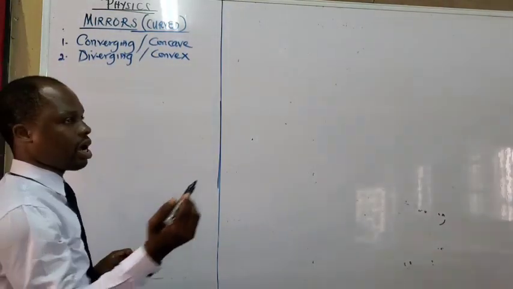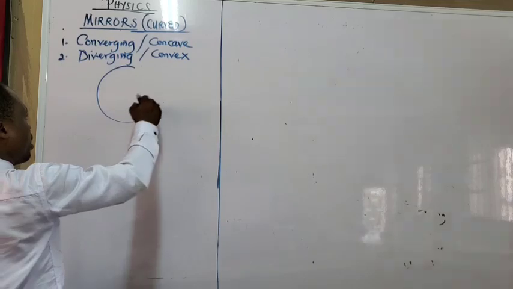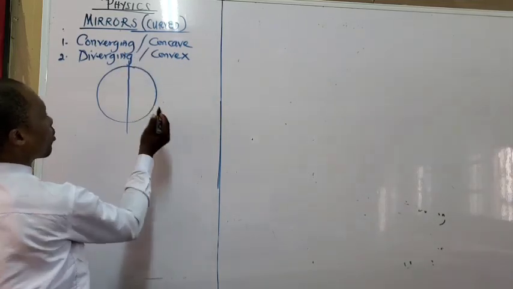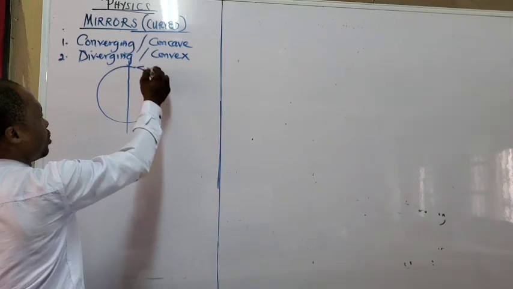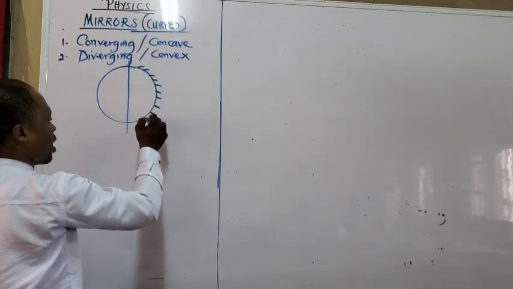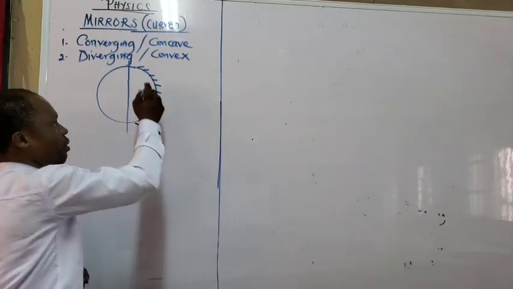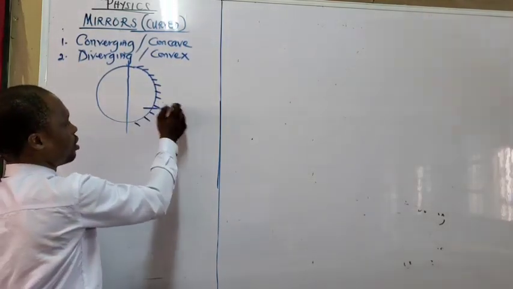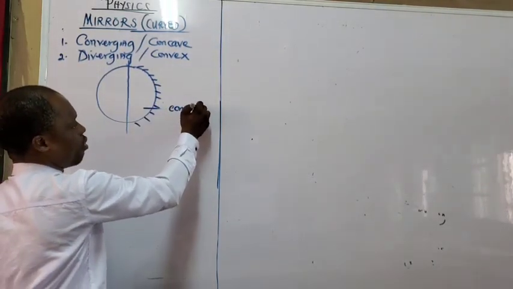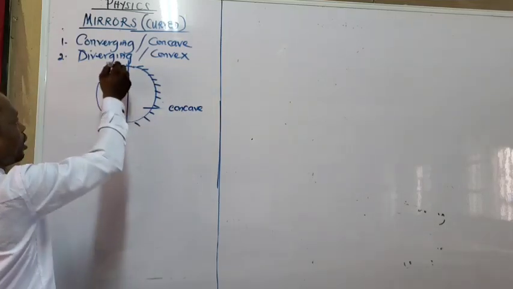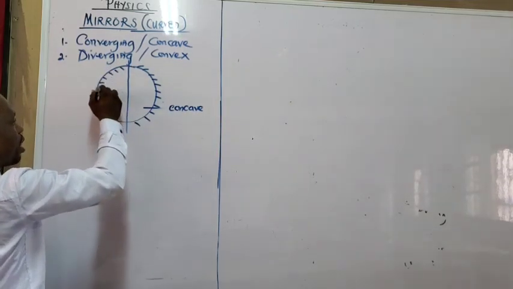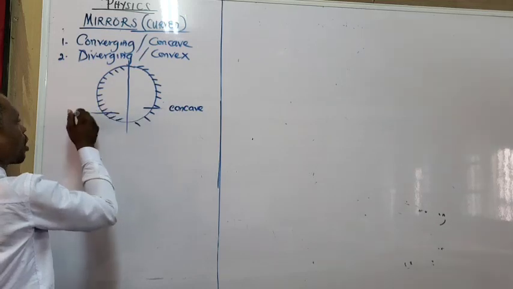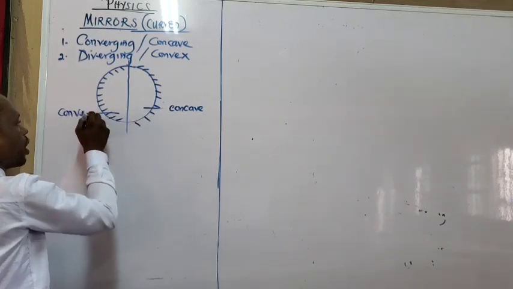You see the mirror as a kind of sphere that is cut into two. The side that is shaded on the outside, that is you are having the silver surface on the outside, this is the concave mirror. Then the one that is shaded on the inside, that has the silver surface on the inside, is called the convex mirror.